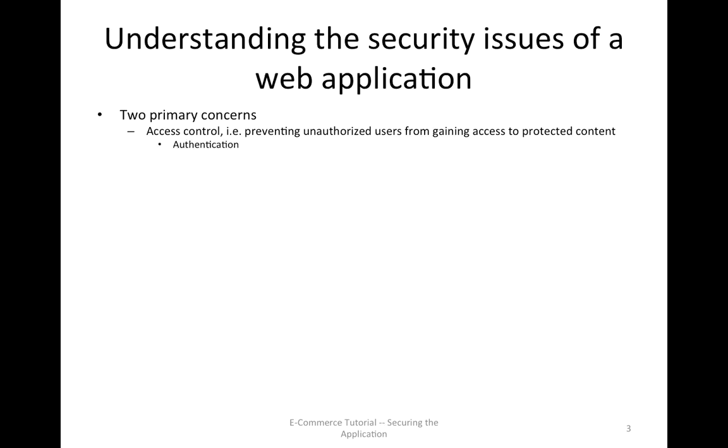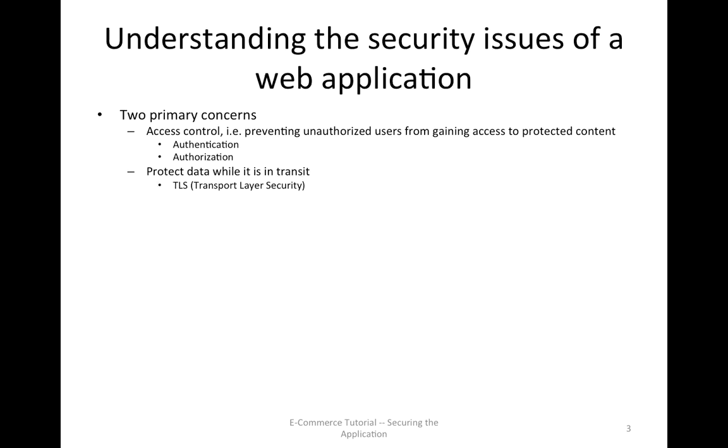First, authentication, which is to check if a user is who he or she claims to be. Second is authorization, which is to decide whether to grant or deny the user access to the requested resource.